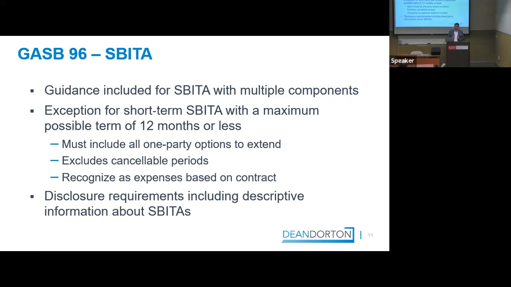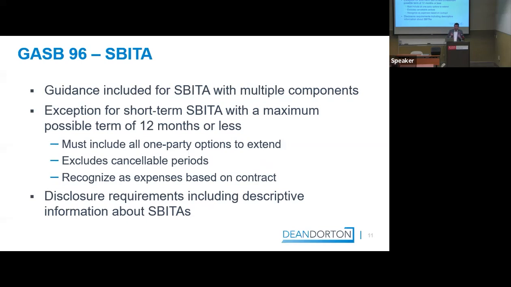And when you're analyzing the life of that contract, you have to include all extension options, regardless of whether or not you plan to take advantage of those. But you also will exclude any cancelable periods that are cancelable by both parties.